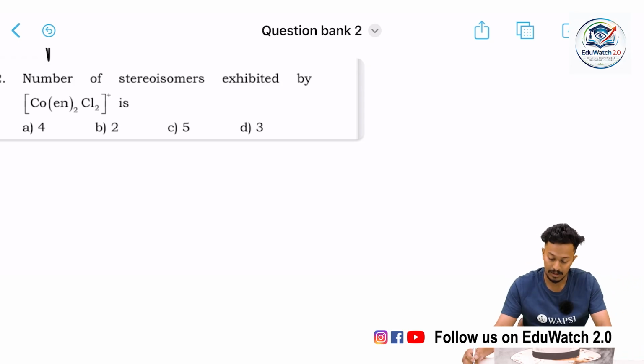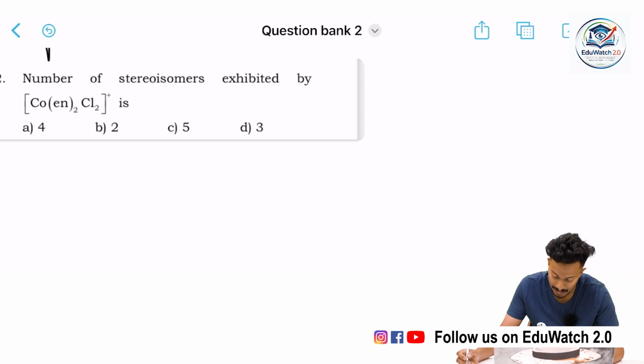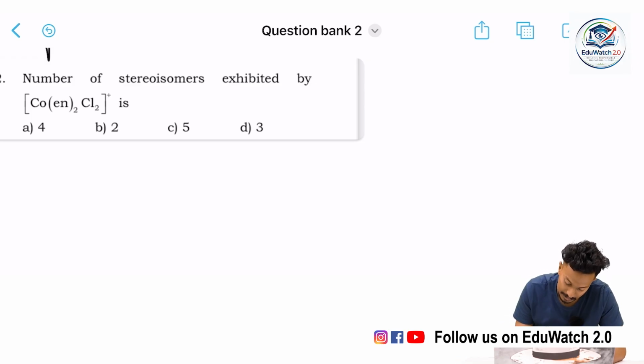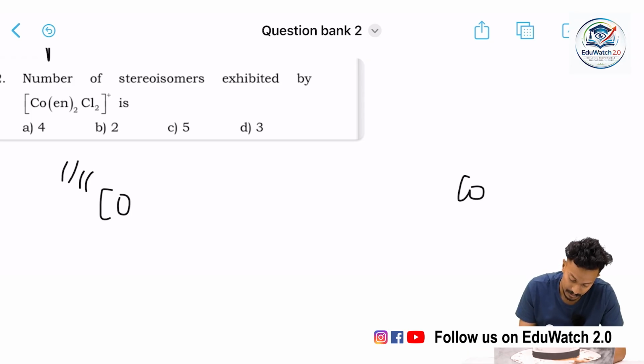On writing this we have 2 types of cis structure for this compound. We'll write the central metal atom Co. Okay, we'll have this here en.